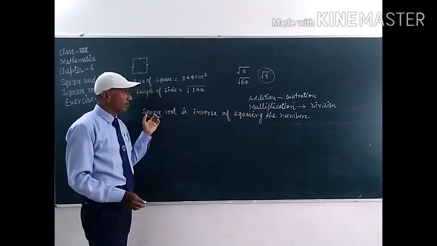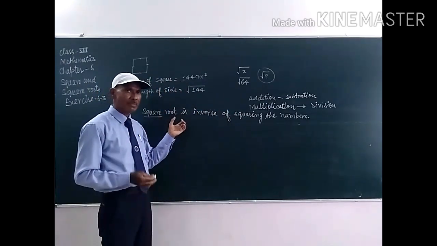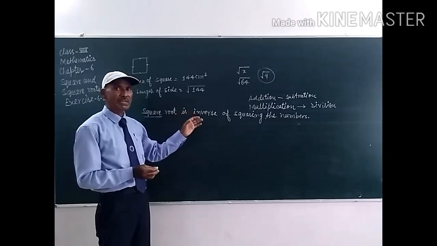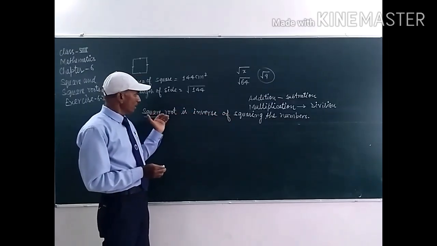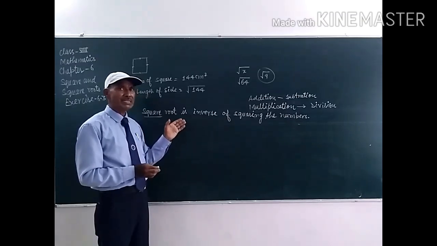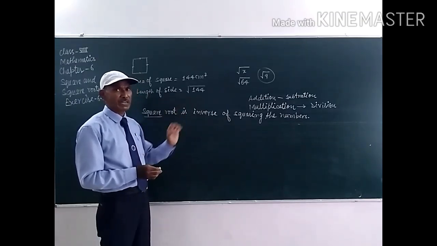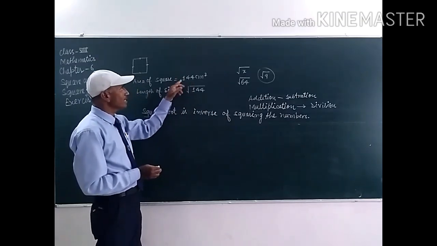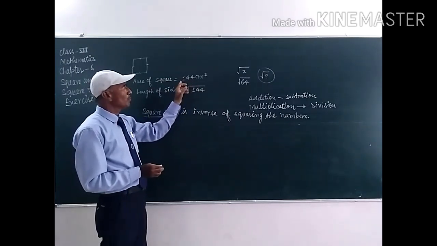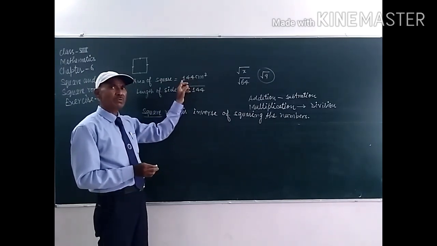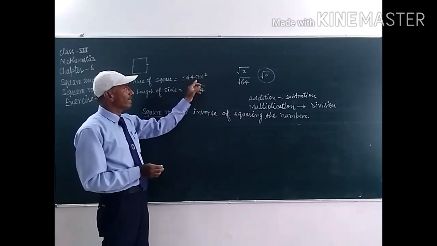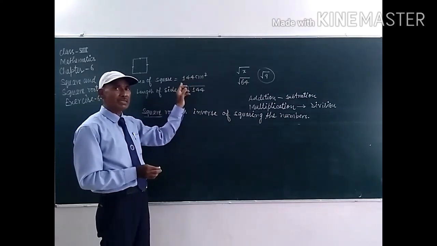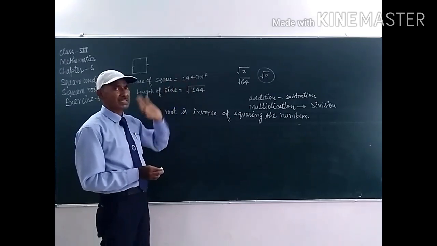Similarly, to find the square root of any number, we have to find the inverse of squaring the number. So the square root of a number is the number whose square is that particular number. In this case, we have to find the number whose square is 144. If we find that number, it is the square root of this number.